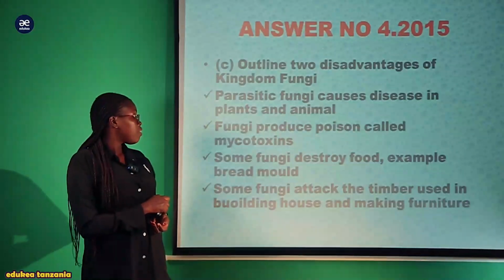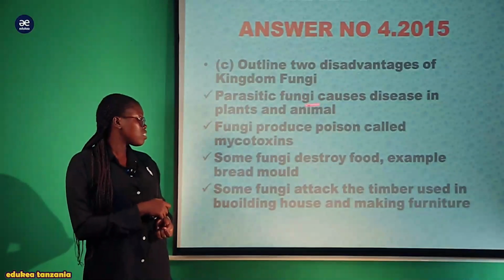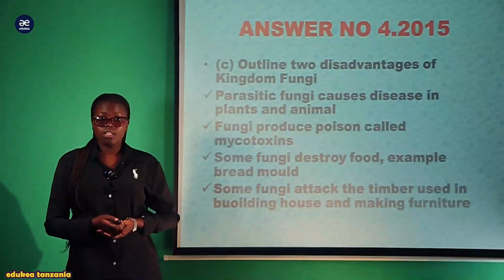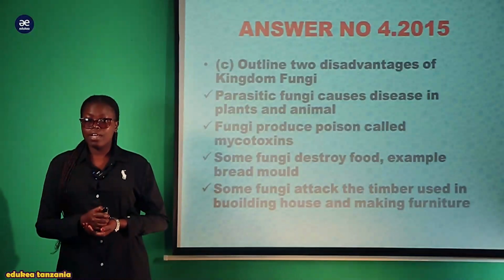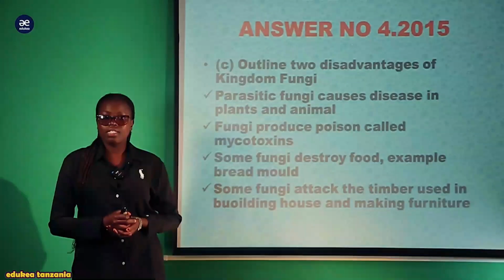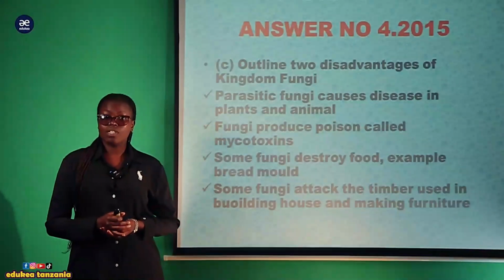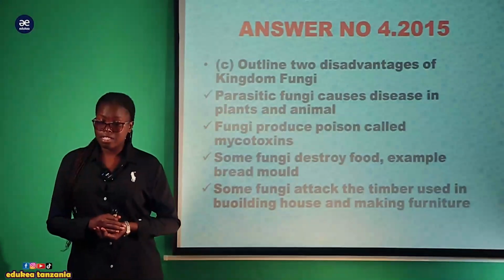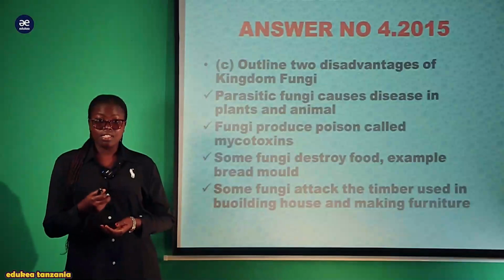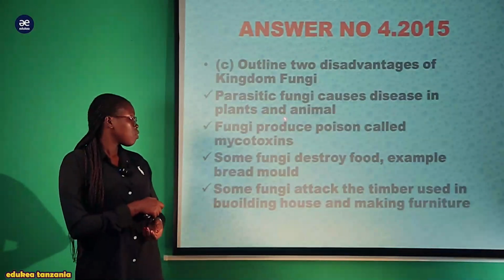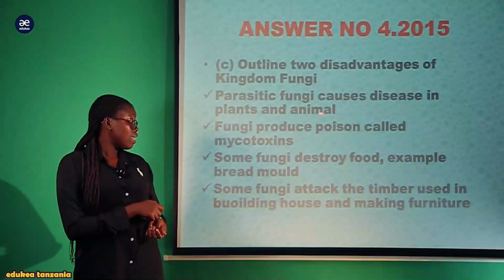So the first ni kwamba parasitic fungi causes disease in plant and animal. Parasitic fungi tumeelezea, tumeyasoma. Kuna baadhi ya mushroom ambao wanapelekea the destruction of the plants, kwa mfano kama timbers and animals.